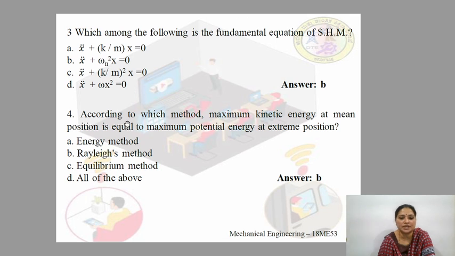The fourth question is, according to which method is maximum kinetic energy at mean position equal to maximum potential energy at extreme position? Among all the three methods discussed, Rayleigh's method makes use of the concept of maximum kinetic energy at mean position being equal to maximum potential energy at extreme position.